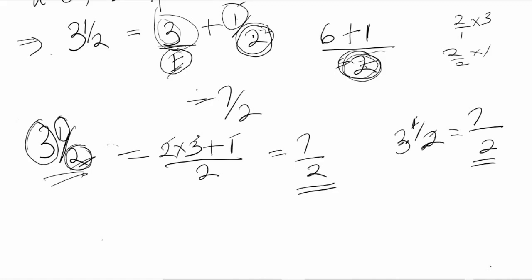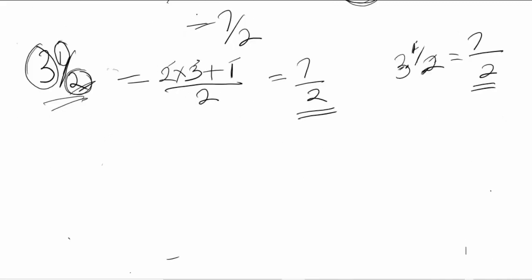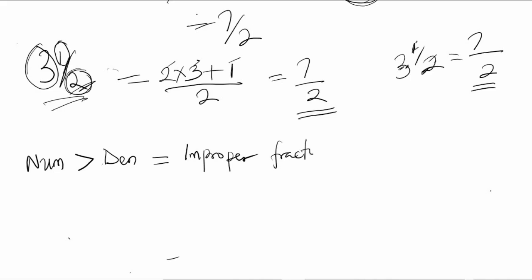So when the numerator of a fraction is greater than the denominator, it is called an improper fraction. E.g., 7 over 2.